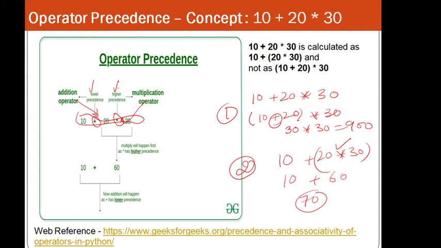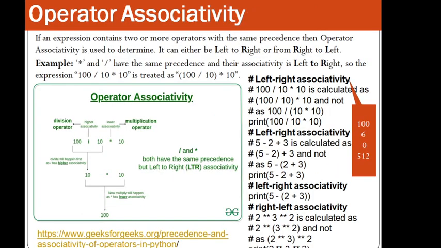Definitely the higher precedence operator will be performed first. So we perform 20 multiplied by 30, and the answer comes out to be 600. Now the expression becomes 10 plus 600. We are left with only one operator, so there is no competition, and the answer comes out to be 70. So this is the correct one and the other is the wrong one. Fine. So this is how we are solving the problems.